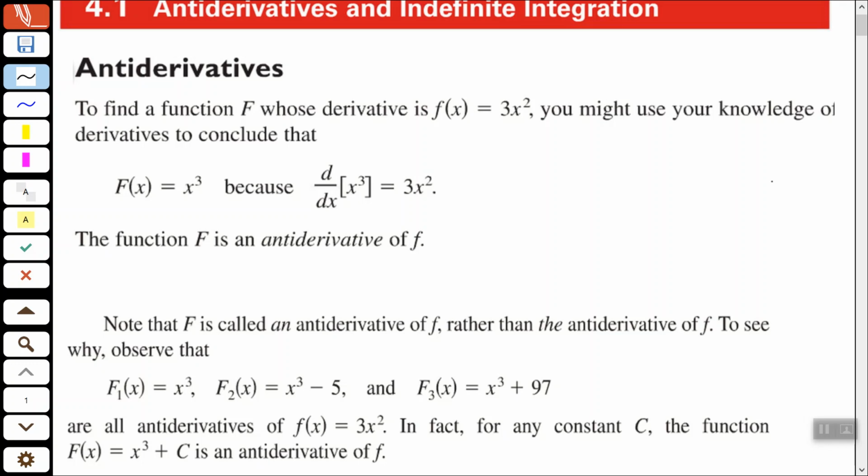So remember, when we found the derivative of a function, we multiplied by the exponent, and then we subtracted one from the exponent. So let's write that down. When we found the derivative, we multiplied by the exponent, and then we subtracted.